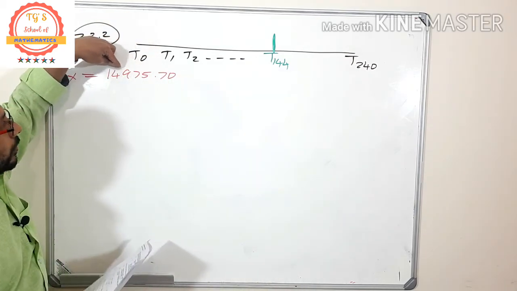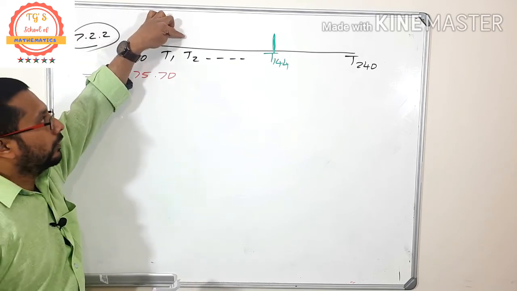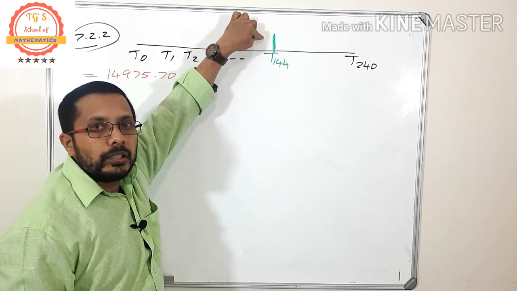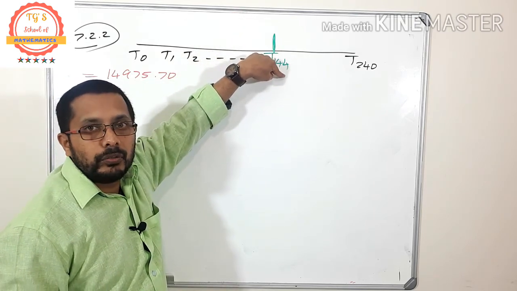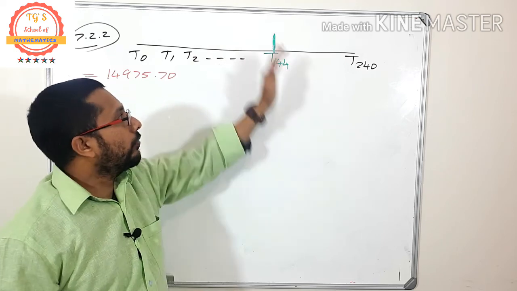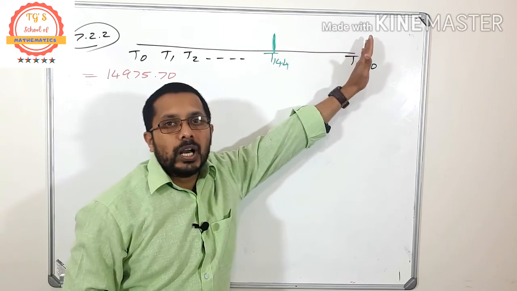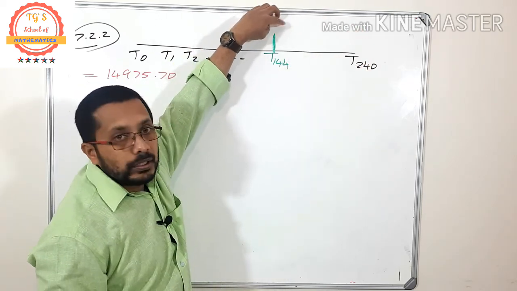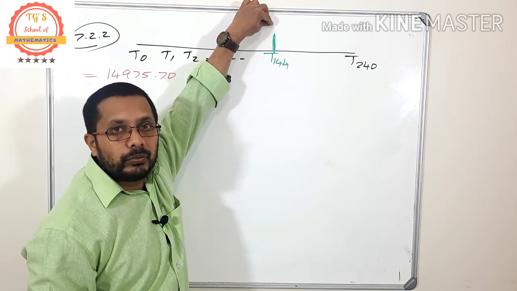Monthly installment 14,975, 14,975, 14,975, like that. How many payments were made? 144 payments. So after this 144th payment, how much was the outstanding balance? That is what you want to find.